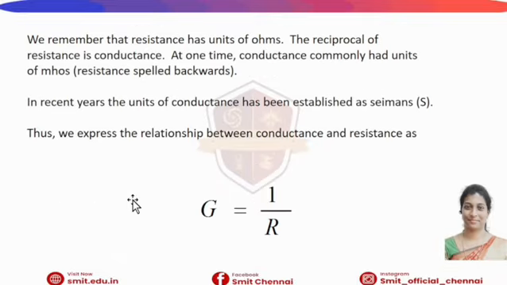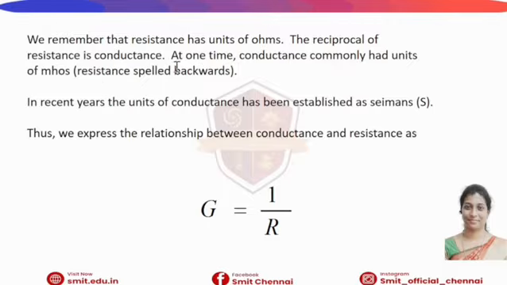The reciprocal of resistance is called conductance. The unit of resistance is ohms, and the unit of conductance is mhos, because the reciprocal of ohm is mho. So we remember that resistance has the unit of ohms, and the reciprocal of resistance is conductance.